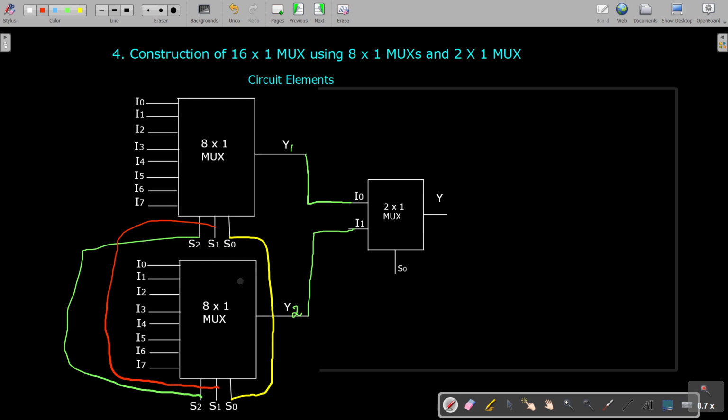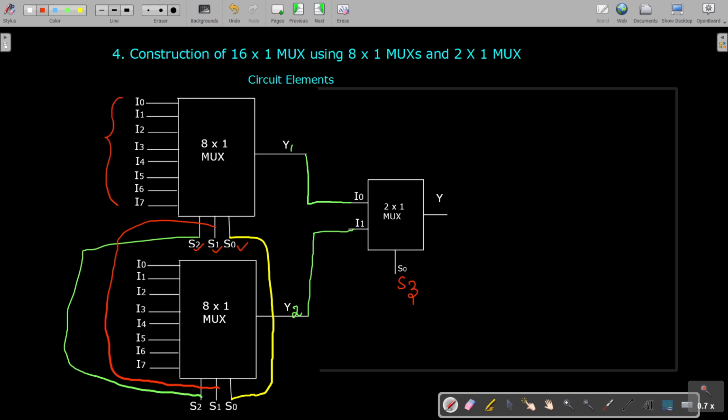Okay, all these connections we do, and this would be renamed as S3 because we need 4 selection inputs. Already we have here S0, S1, S2, and this S0 of the 2 by 1 will be renamed as S3.